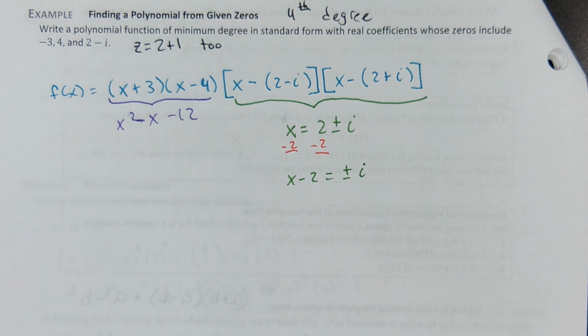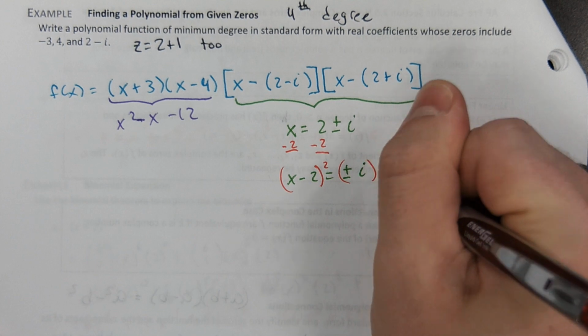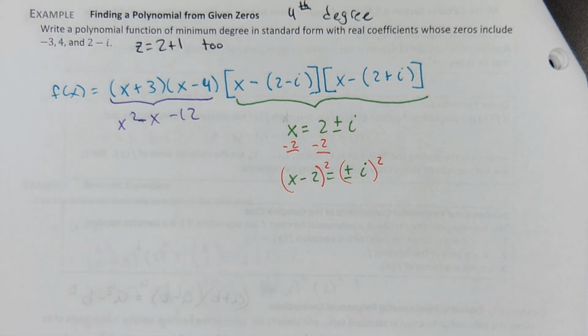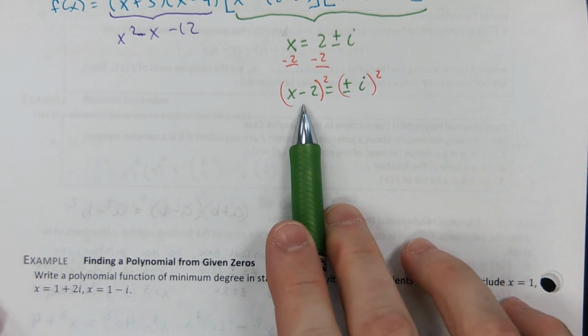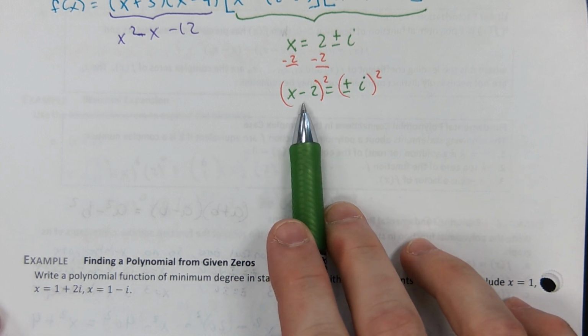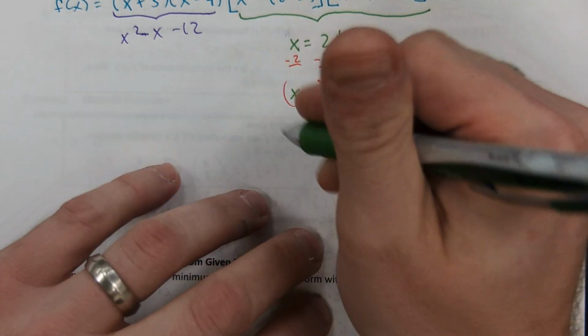And that plus or minus i, that was the result of me taking the square root of -1. Because this is AP, at some point in time, I'm going to have to imagine that you could do x minus 2 times x minus 2, and that you're not going to write x squared plus 4 because that makes me want to poke my eyes out.